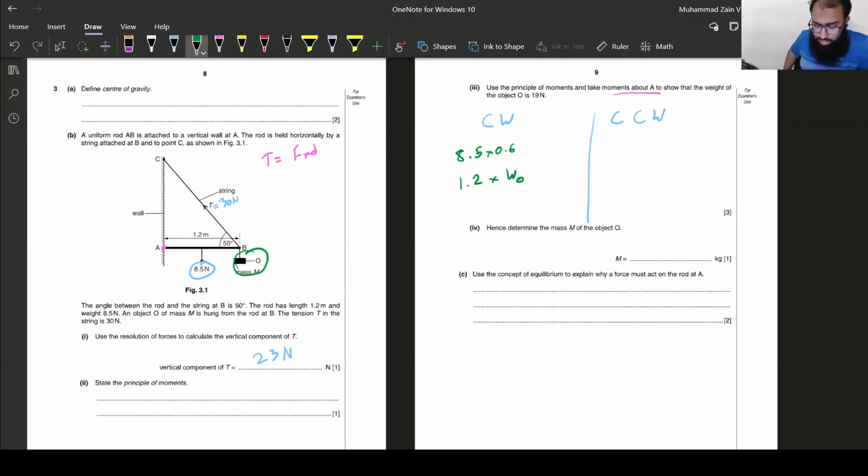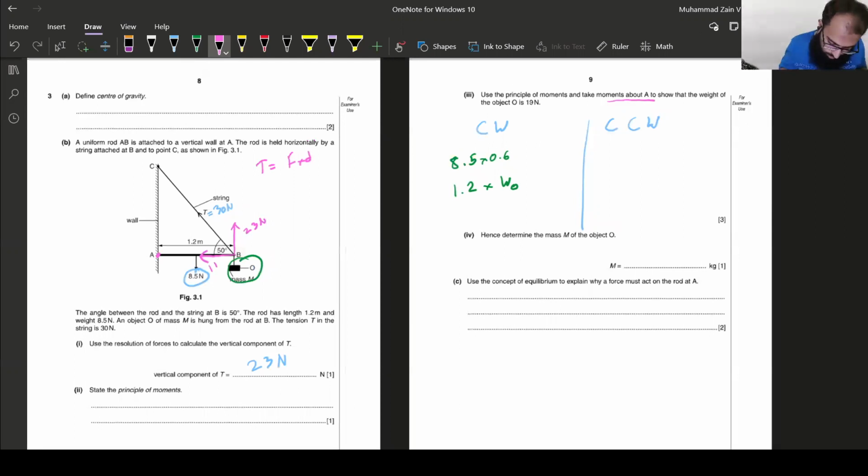Then there's this tension. If I resolve this tension into its components, one component would be this, and the other component would be this. As you just told me, the vertical component is 23 newtons, and the horizontal component I could find through T cos theta, which would be 30 cos 50, and I'll get it to be equal to 19.3.